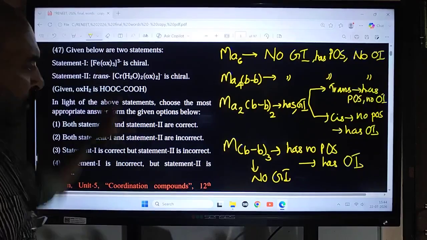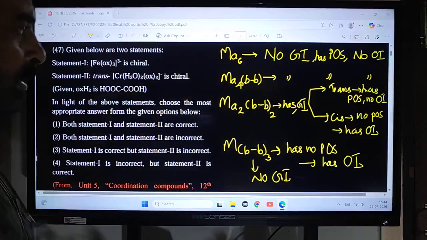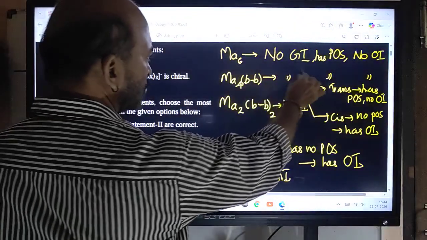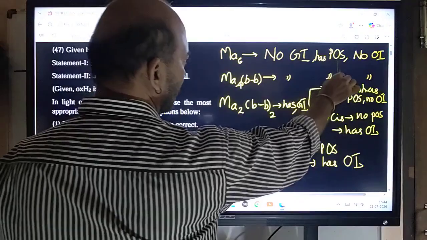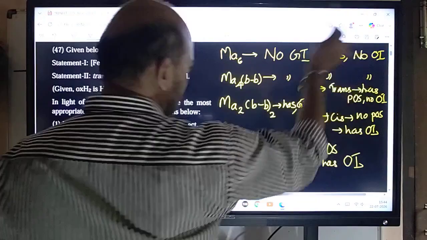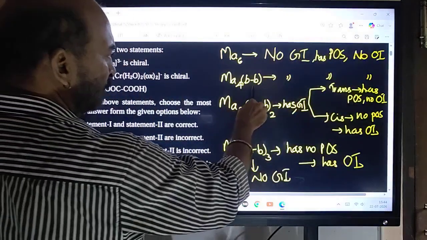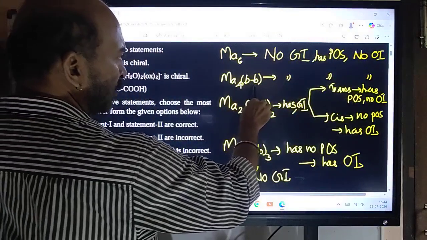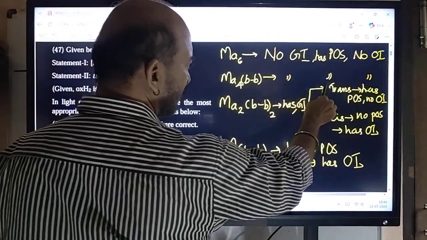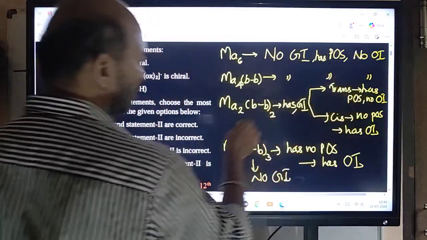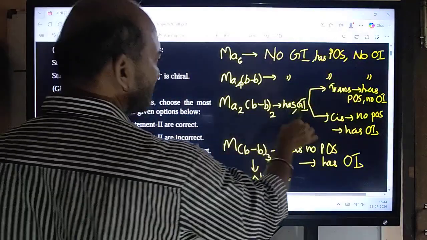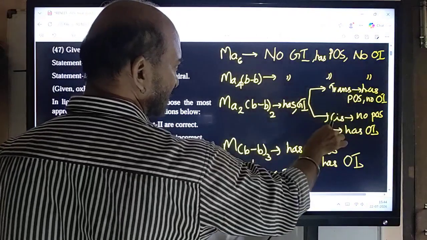Before answering this question, we can make a conclusion. MO6, we have seen, has no geometrical isomerism, has a plane of symmetry, so no optical isomerism. MA4BB means one bidentate ligand introduced, same explanation: no geometrical isomerism, has plane of symmetry, no optical isomerism. Now, two bidentate ligands, MA2BB twice, has GI, which are trans and cis.